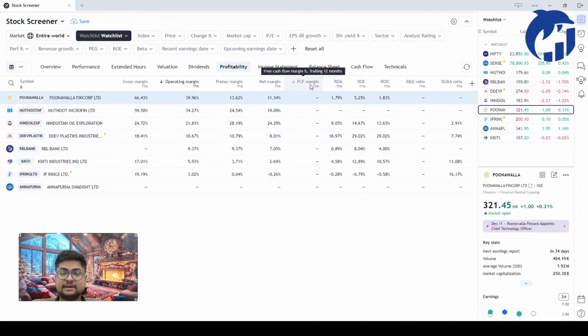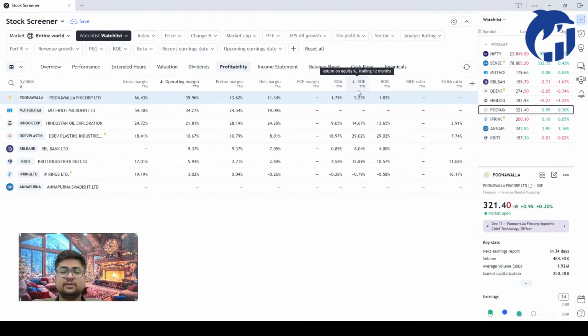If you look at the FCF margin, the free cash flow margin, it's not available as of now. Look at the return on assets of Poonawalla, it's 1.79%, which is among the lowest. For DDB Plastic, return on assets has been great, but the most important measure is return on equity.